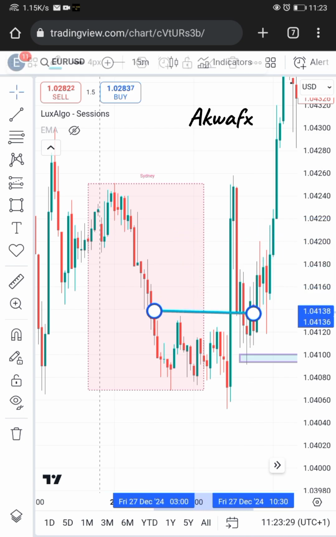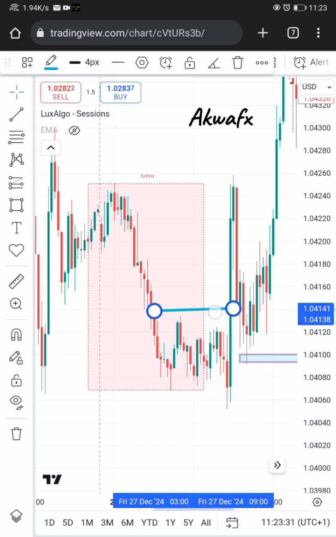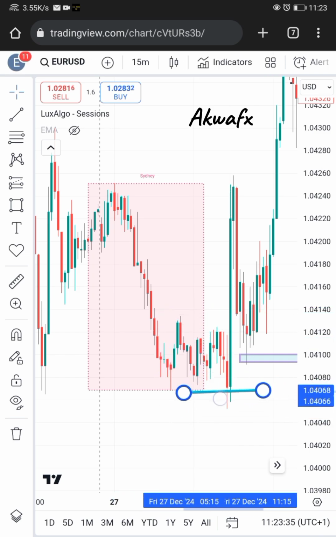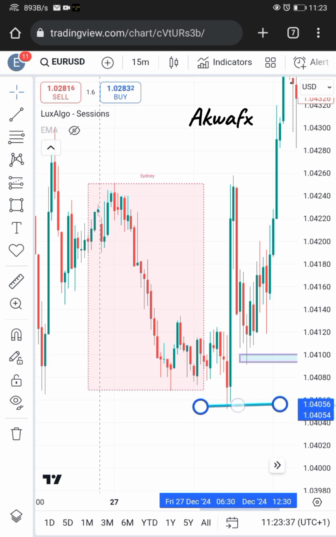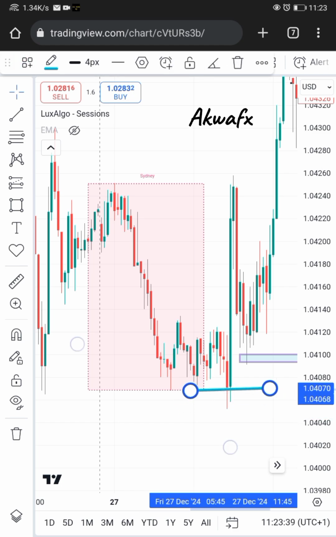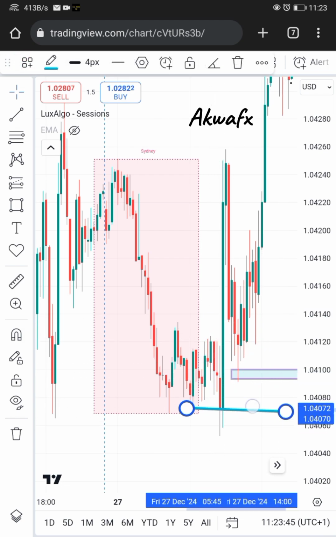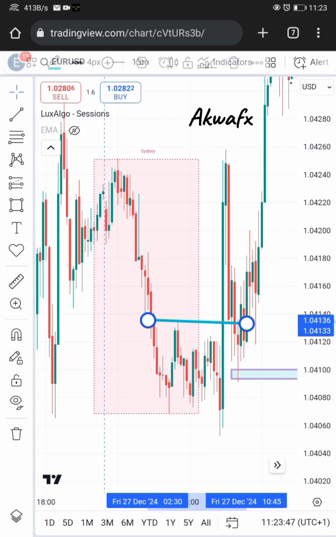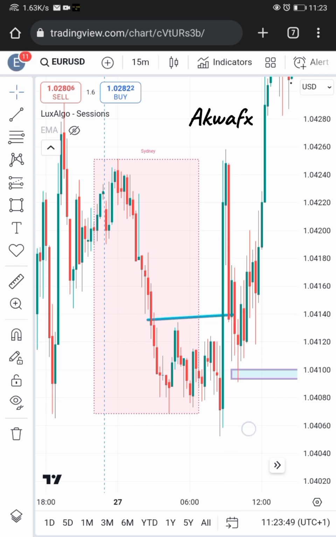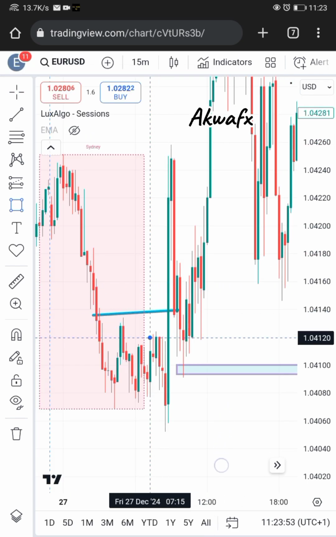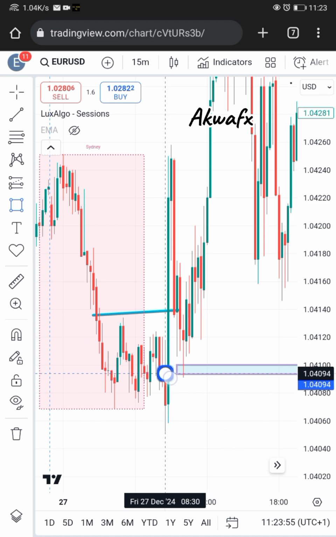You can see the liquidity is being taken to the downside. After the liquidity has been taken, it's broken structure to the upside, and here becomes your entry. This zone here, which I marked, becomes your entry.